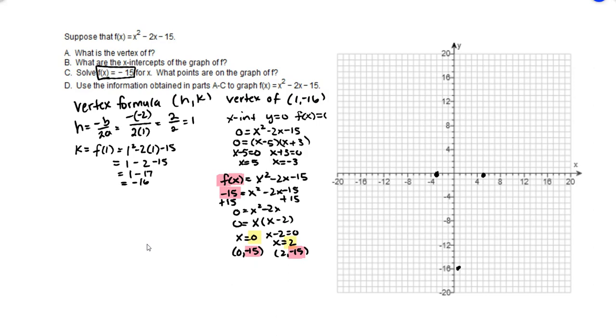And then we have 2 additional ordered pairs of (0, negative 15) and (2, negative 15). We're going to keep in mind that this is the vertex, which is a turning point of the graph. And we can sketch the parabola of this function. Make that a little bit nicer.